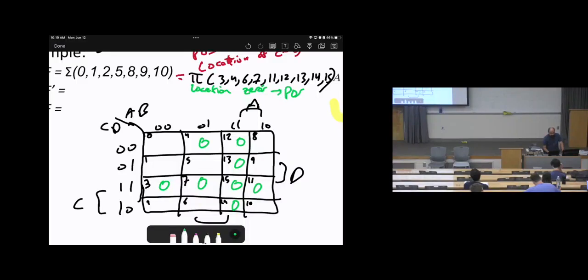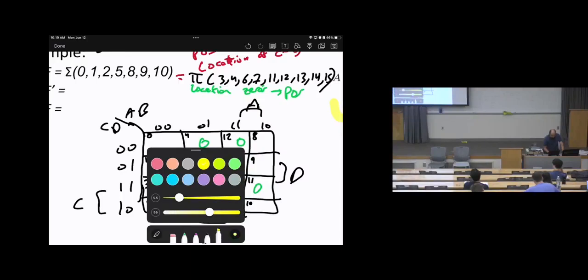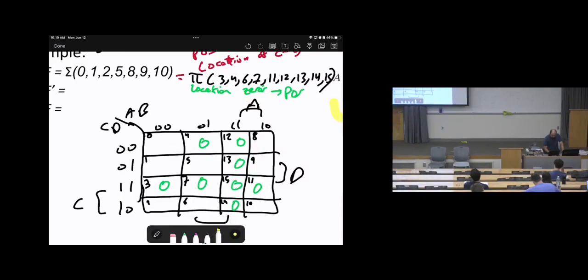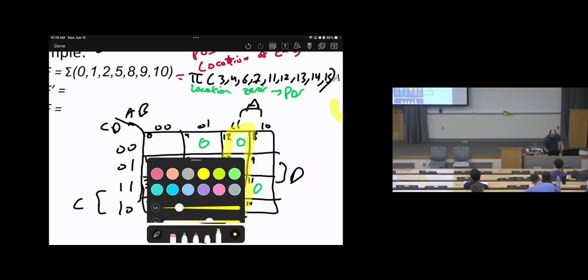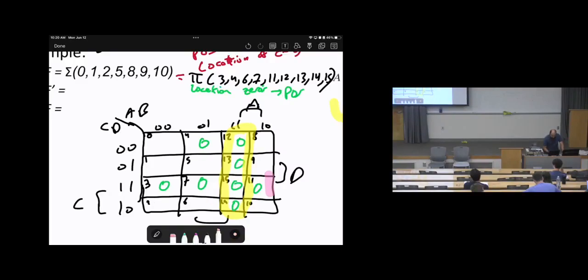Remember, I'm grouping zeros, not grouping ones. So how do we used to group them? Look at the location of them. We can group these 4 together. Then we can group these 4.